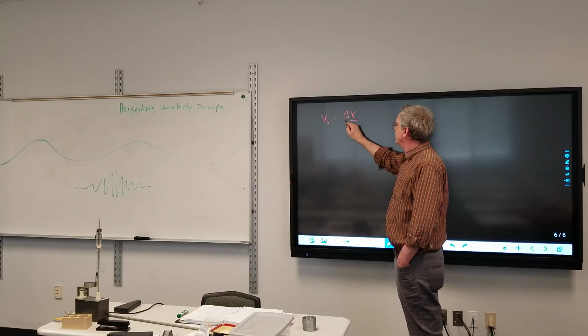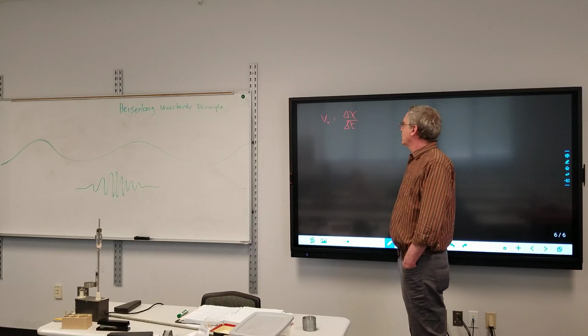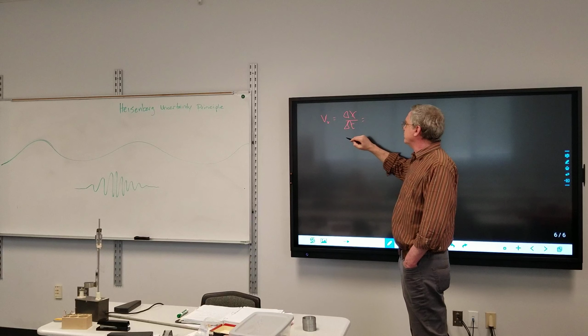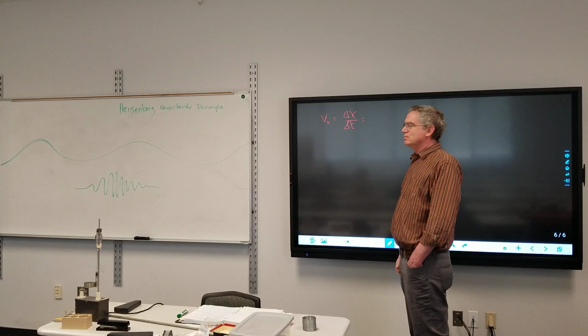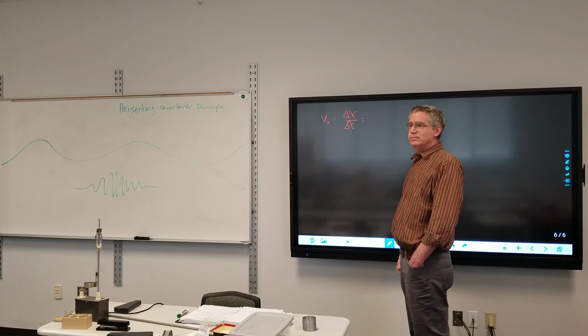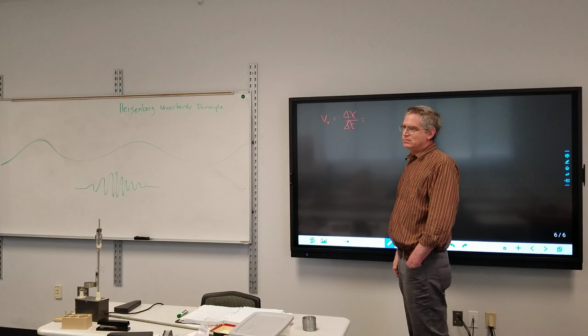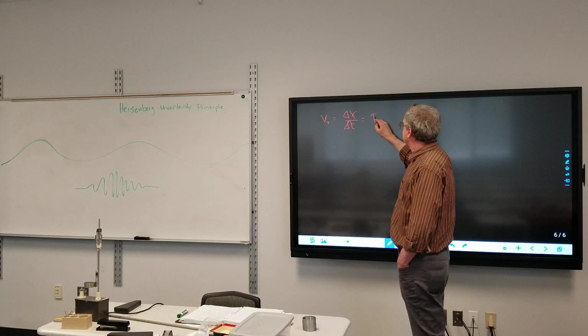So distance over time. And in terms of momentum, what is, I guess, velocity? I'm going back and forth between scalars and vectors here. It's going in one direction. So in terms of momentum, momentum over mass.